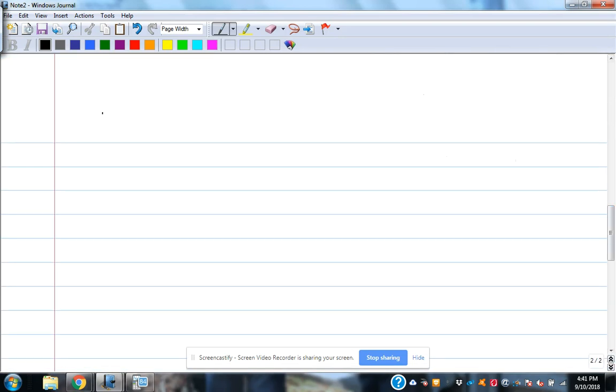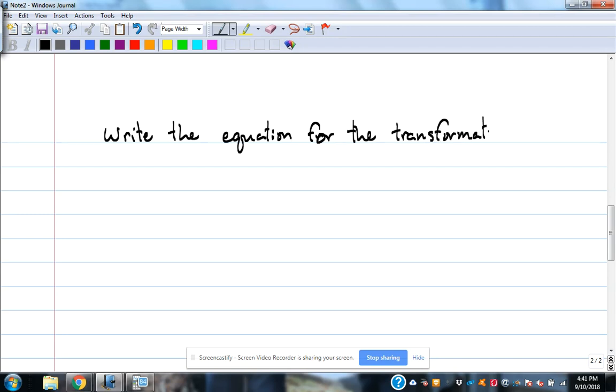So we want to write the equation for the transformation. Example A, our parent is f of x equals x squared.